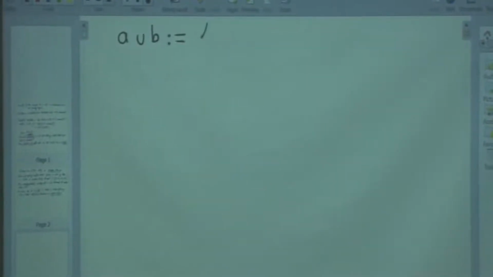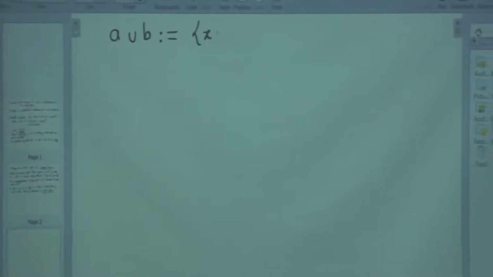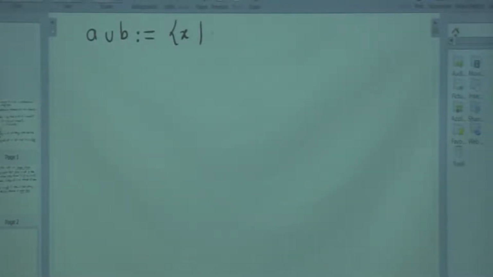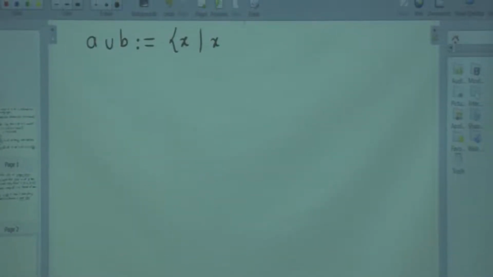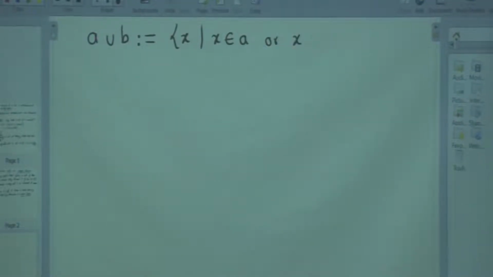But when we write some expressions like this, yesterday we saw this union thing, right? A union B. If A and B are two sets, then A union B was defined to be the collection of X such that, can you tell me? X belongs to A, or? Now the question is, where is this X coming from?